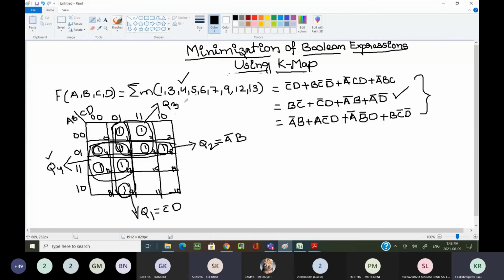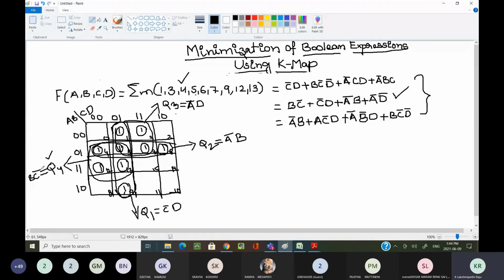A bar D. Okay, A bar D. Sorry, I understood in a different manner. If I simplify quad 4, what is the solution I am going to get? B C bar.